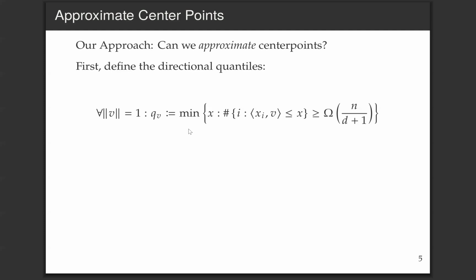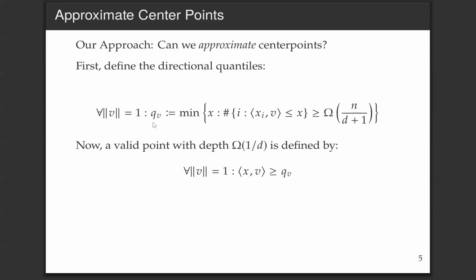For any direction V, Q_V is going to be the 1 over d plus 1th quantile of the points when projected along V. So I'm going to project the points along V, and I'm going to look at the smallest point such that at least a 1 over d plus 1 fraction of them are less than x. And this is simply the definition of the quantile.